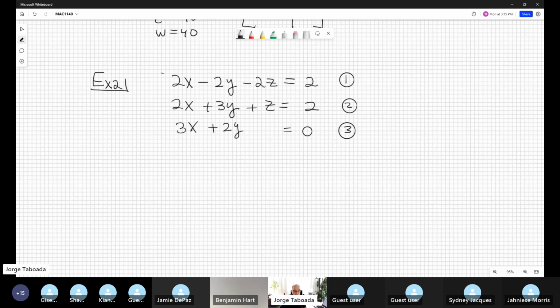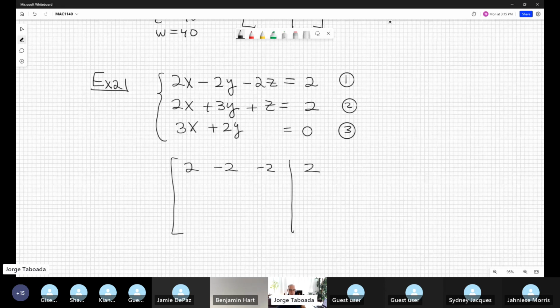Okay, no problem. You don't need to predict anything. You only apply the systematic procedure, and the procedure tells you what is the truth of this. Let me try the matrix. The matrix 2, negative 2, negative 2, bar 2. 2, 3, 1, 2. 3, 2, 0, 0.